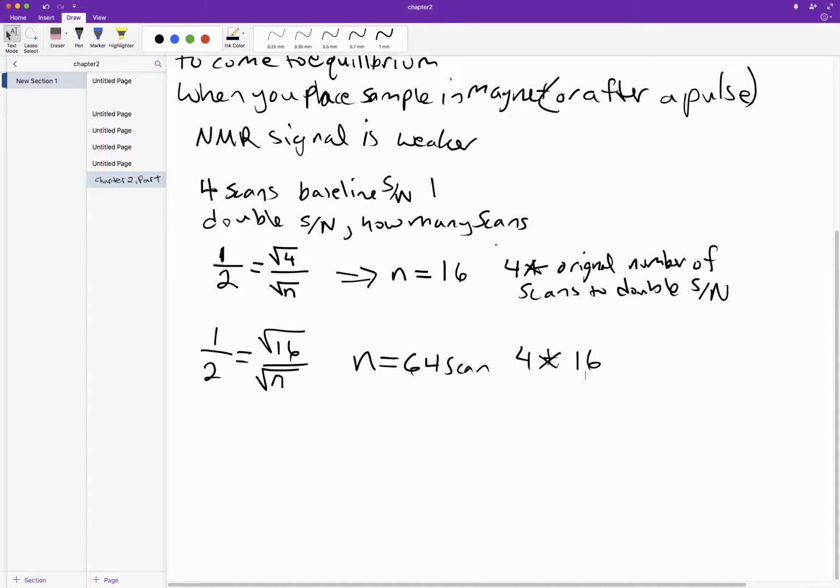So the next part is just some nomenclature. We call anything that has to do with proton or hydrogen nuclei a homonuclei.